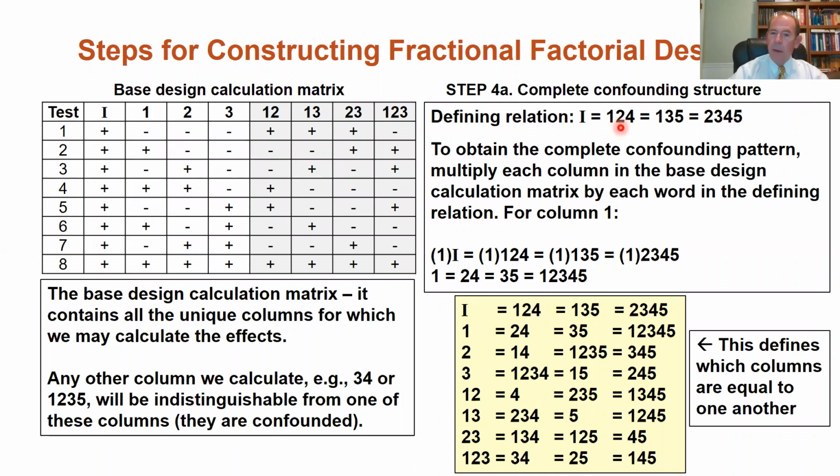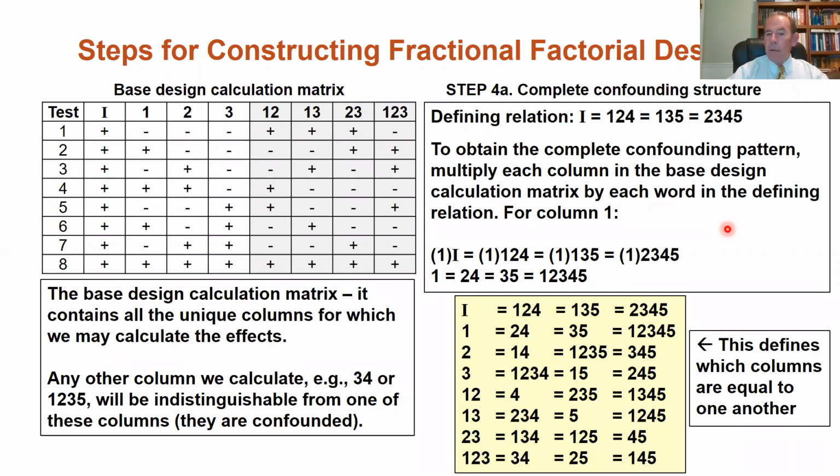If I multiply 1 by 1, 2, 4, the 1's cancel because that's the way a column times a column times itself is going to be equal to I. So then I have I times 2, 4. So that'll be 2, 4. 1 times 1, 3, 5 gives you 3, 5, and then 1 times 2, 3, 4, 5 will give me 1, 2, 3, 4, 5. So here we can see all the effects that are equal to column 1 or variable 1. I've listed out this confounding pattern here in the yellow box. That shows me or tells me which columns are equal to one another.